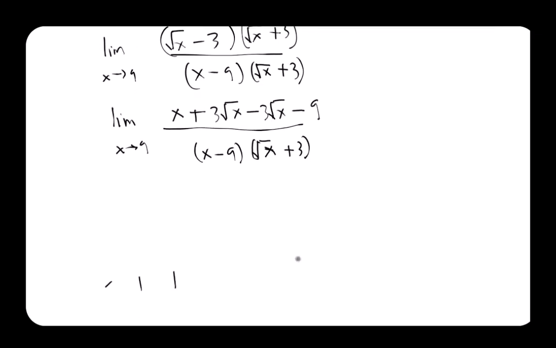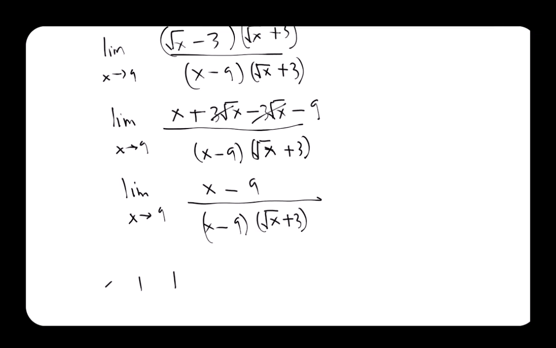Now when we simplify the function, we realize that we are having limit as x approaches 9 of the expression. Now 3 square root of x cancels negative 3 square root of x, and we are going to have x minus 9 as the new numerator function, and then we have x minus 9 as the denominator multiplying square root of x plus 3.